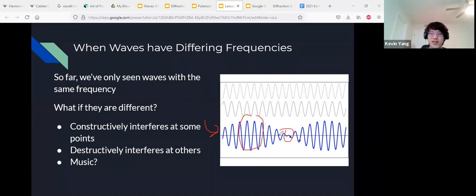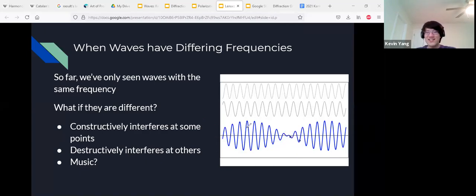Which means that you can tell if two instruments are in tune: if you play the same notes and you can hear "whoa, whoa," that means the instruments are not perfectly in tune with each other, because we're hearing this increase in volume and decrease in volume that we can only get whenever the waves have two different frequencies, right?